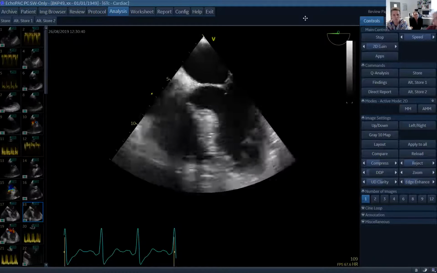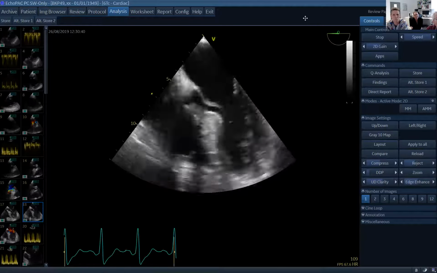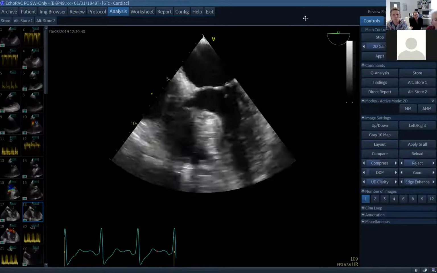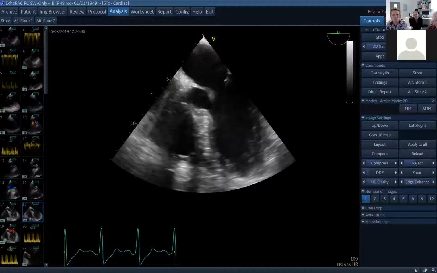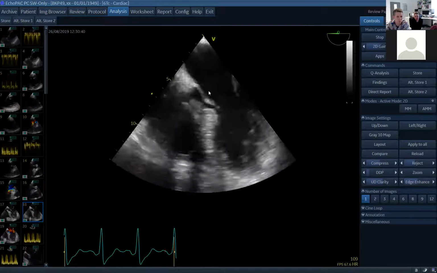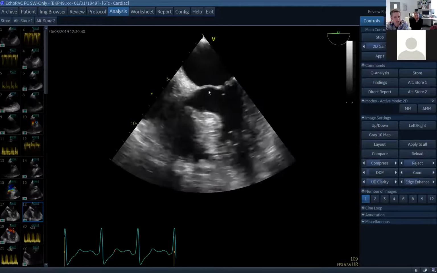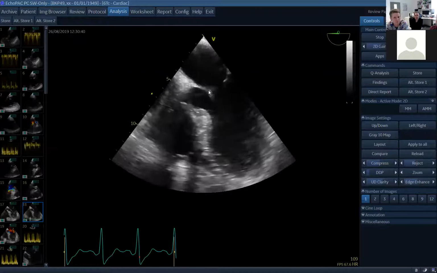Yeah, that's right. So inferoseptal and anterolateral walls of the left ventricle. And on the left-hand side, we can see the right ventricle. Excellent. Which valve is that? That is the mitral valve. Which leaflet?